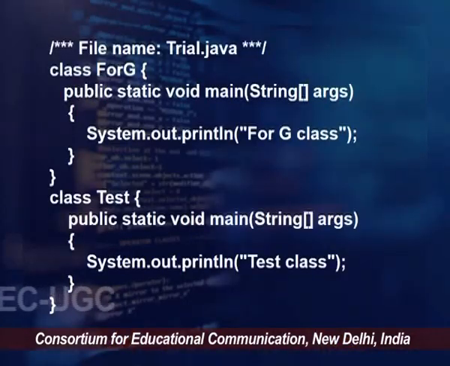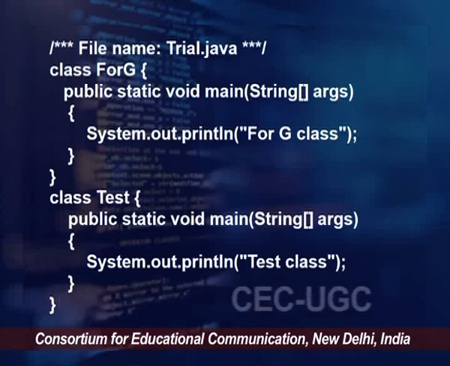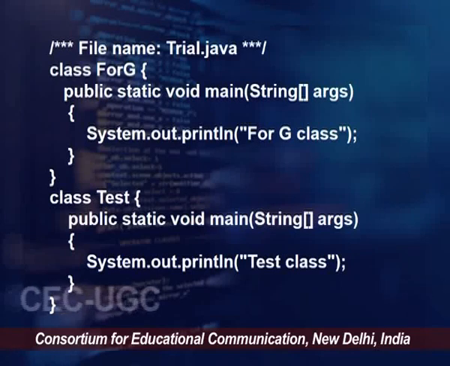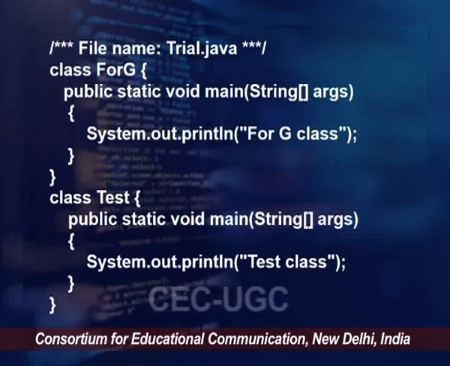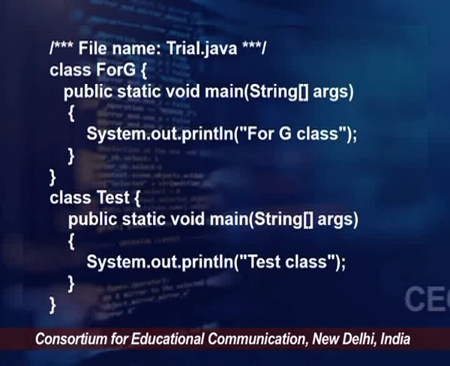So in this situation, which I have shown you on the screen, we have two classes: ForG and Test, and both have their own main function. When we compile this Java file named trial.java, the command will be javac trial.java.